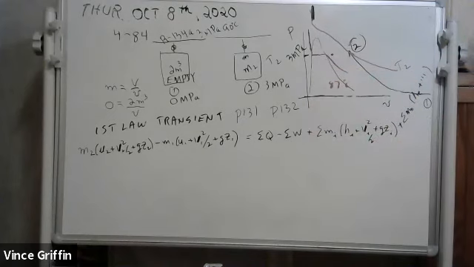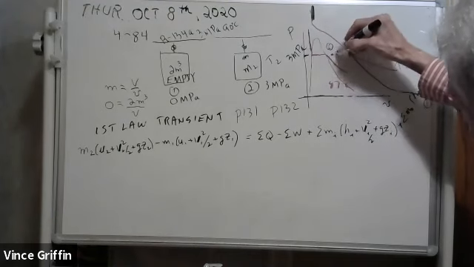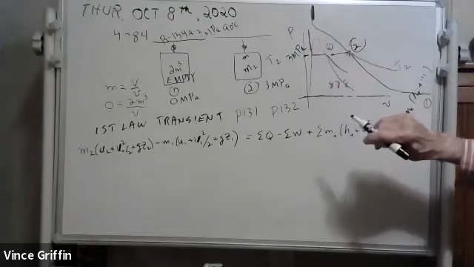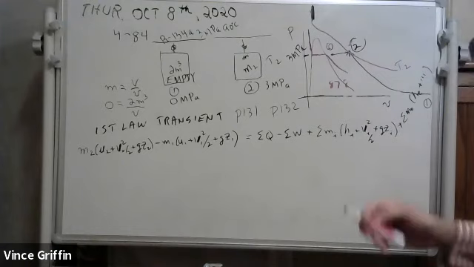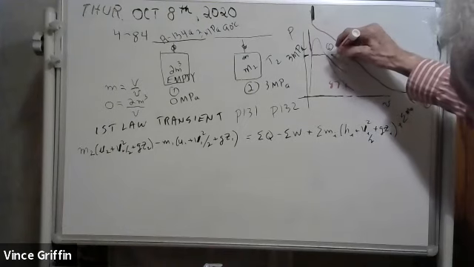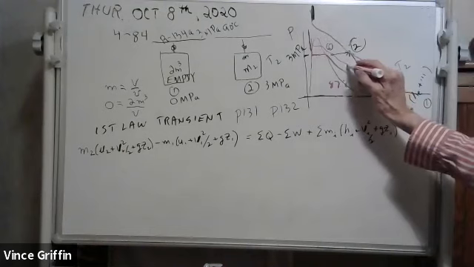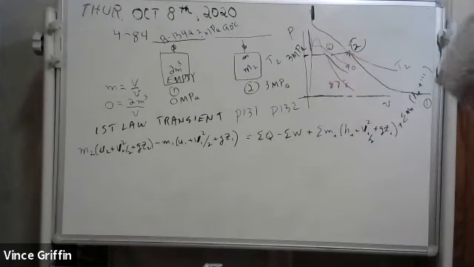Here's your incoming state, and here's your final state 2. Here's your incoming state at 90. You're coming in at 90, and you're going out much hotter.